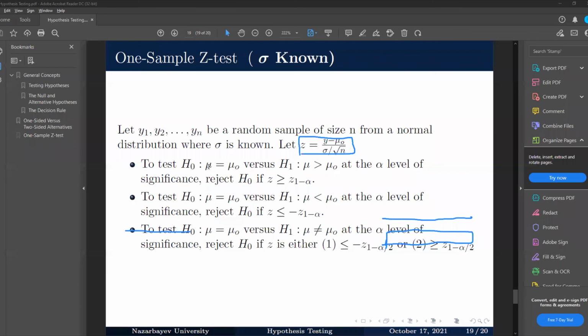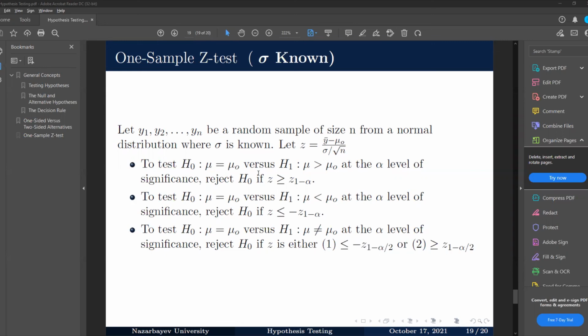Okay, so let yi be a random sample of size n from a normal distribution where the population standard deviation is known. Then let your test statistic be y bar minus mu naught over sigma over root n, or over the standard error.